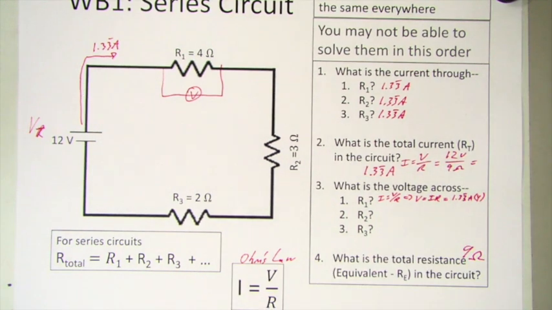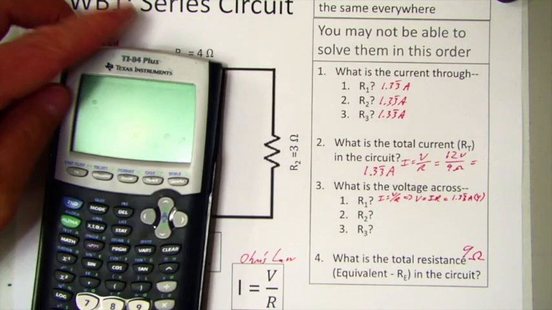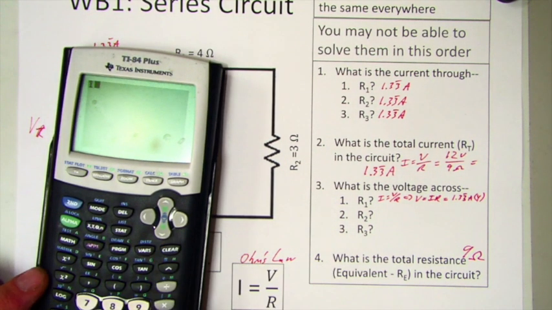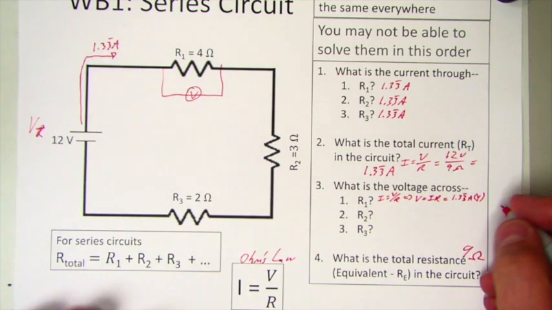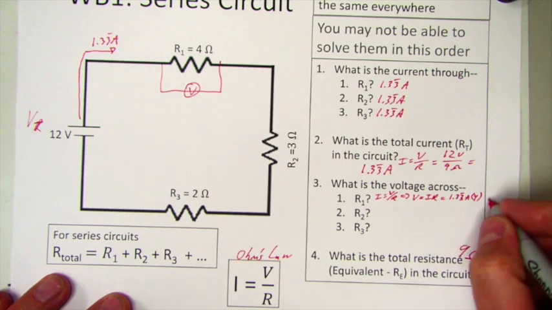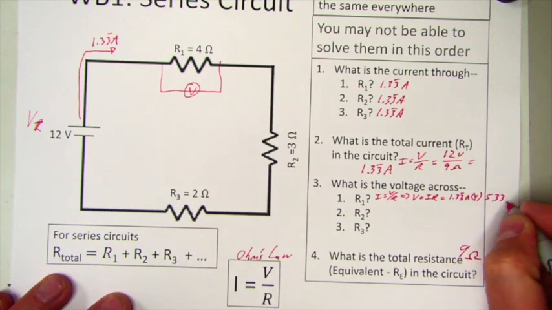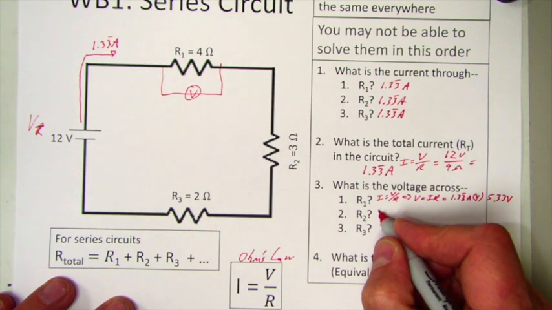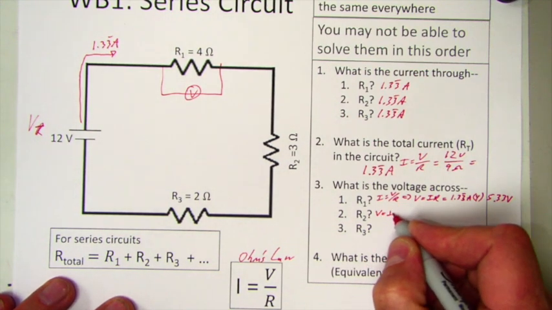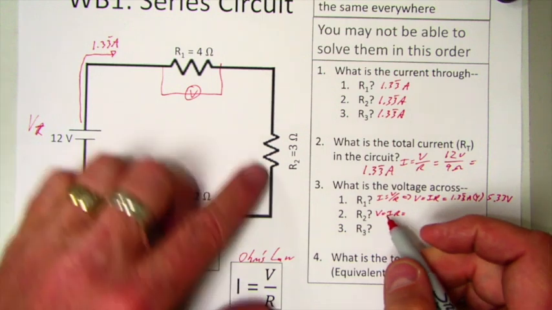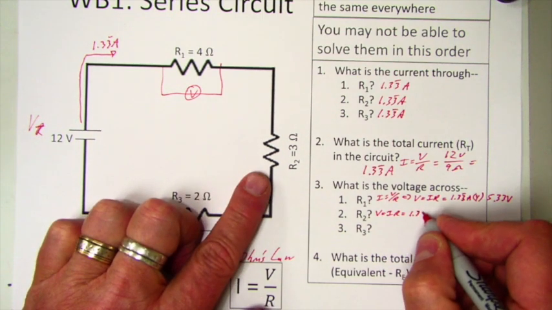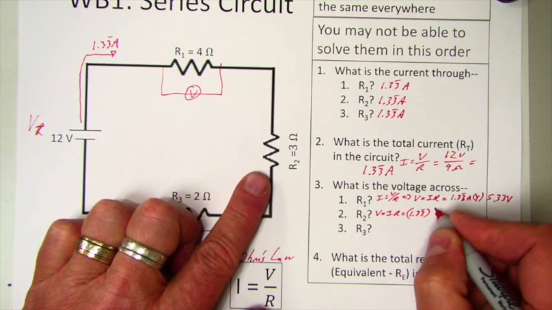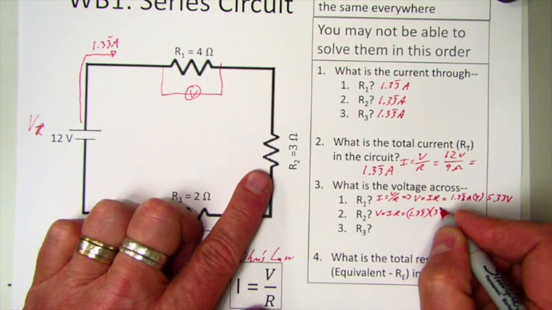So if you get out your calculator, it's 5.33 volts. And we'll do the same thing. Voltage is still going to be IR, but for resistor 2, it's still 1.33 amps, but it's times only 3 ohms.